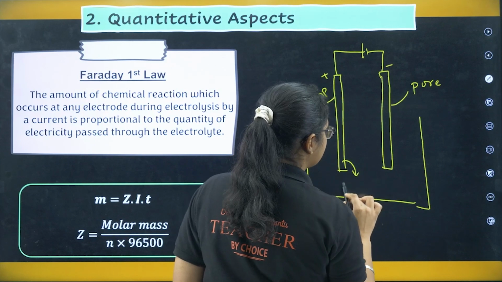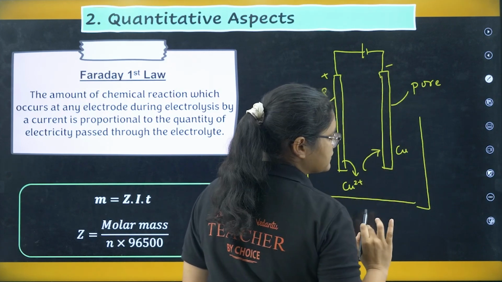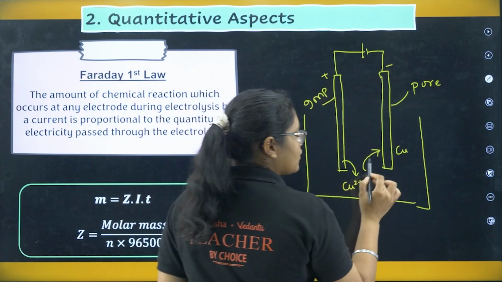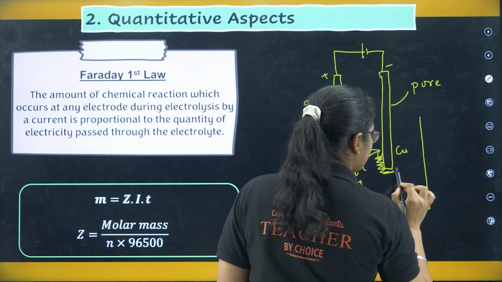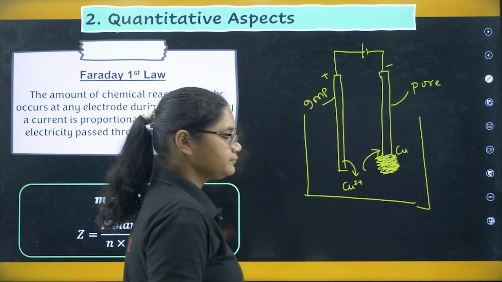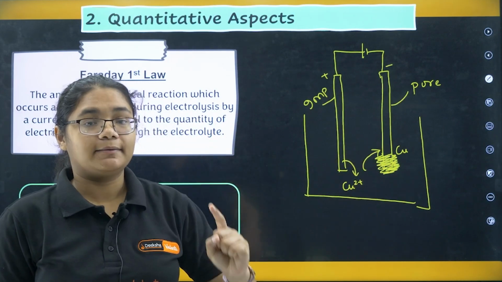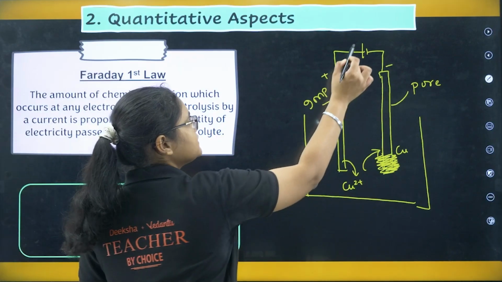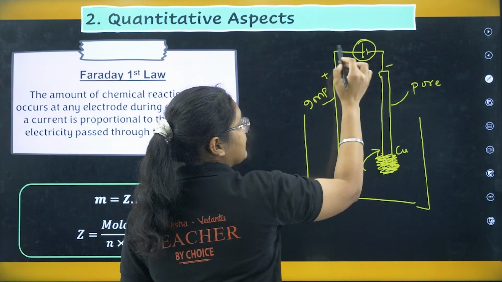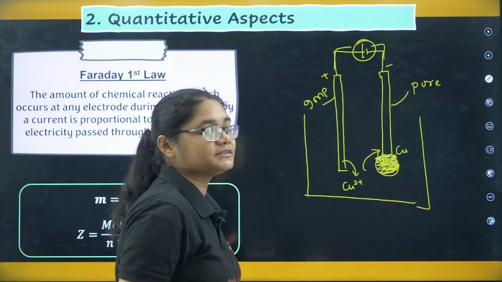From here the Cu2+ ions will come and here the copper will get deposited, right? So here the copper mass will get deposited. Any doubt here? No, right? Copper mass will be deposited. Faraday was able to calculate how much current, or for how much time the current should be passed here, and the relation with how much mass is deposited.